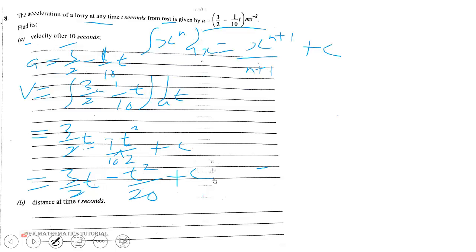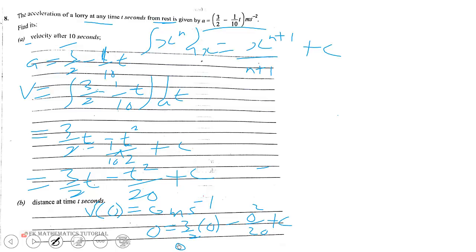So this will simplify to 3 over 2 t minus t squared over 20 plus c. We apply the fact that it is from rest. So v at time t equals 0 will be equal to 0 meters per second. So when we substitute, we are going to get v of 0, that is 0, will be equal to 3 over 2 times 0 minus 0 squared over 20 plus c.